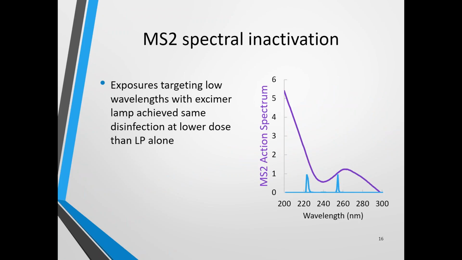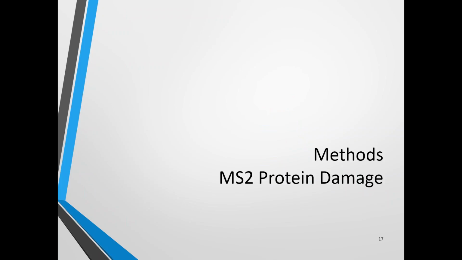And this makes sense because we're targeting the MS2 at the place where the action is greater with the 222 nanometer, and then with the greatest potential for DNA damage at the 254 nanometers, and that helps us achieve more efficient disinfection by using a lower dose.